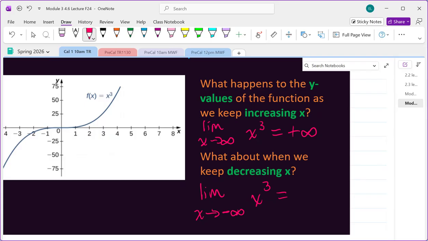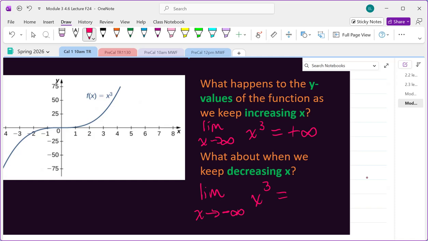Now, if I plug in a negative number into x cubed, I want to figure out, is that going to be negative or is it going to be positive? So if I plug in -2, what do I get? Yep, -2 would be -8, so we get a negative.